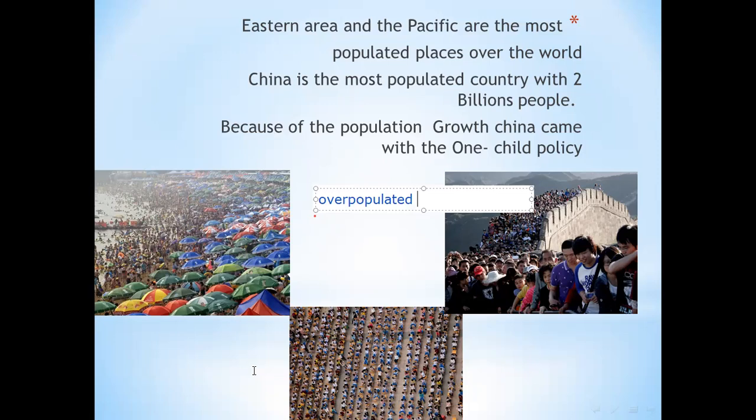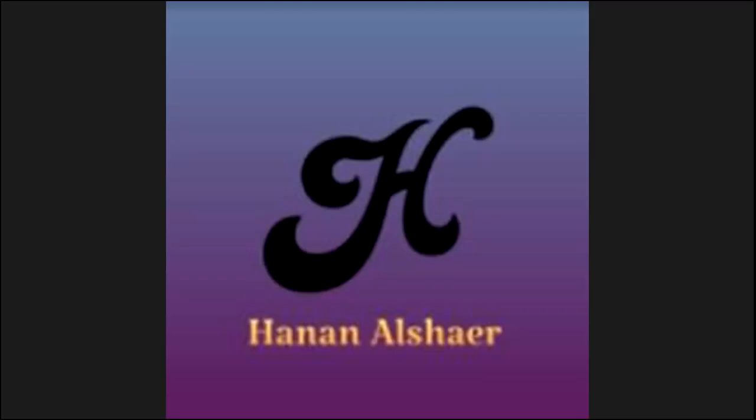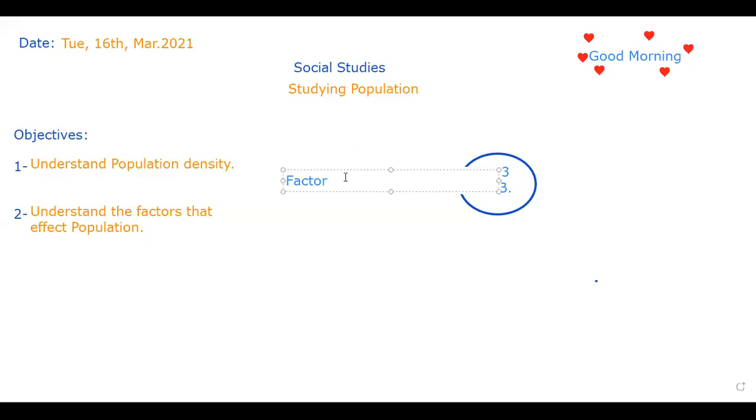Okay, a city becomes overpopulated because of various factors. Now we are going to learn what are the factors that affect the people to have that many people around the country, and why they have this many people. Actually, there are a lot of reasons and a lot of factors. Okay, we will say factors that cause overpopulation.